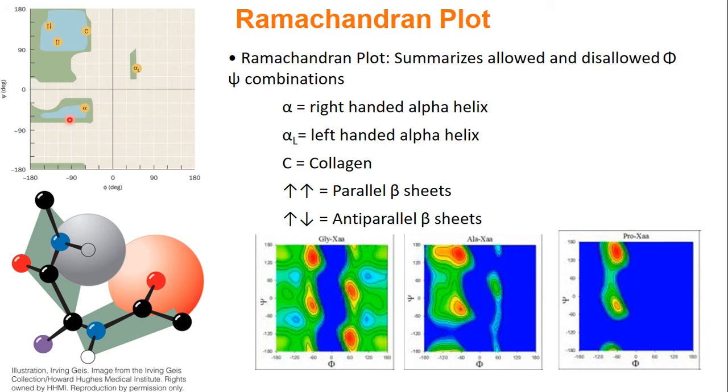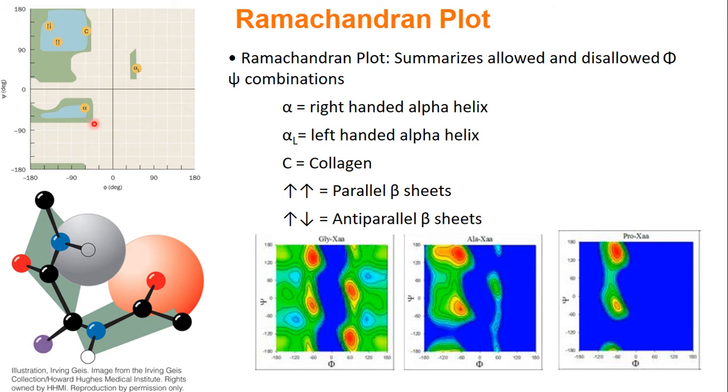Blue regions are generally very favorable. Green regions are tolerated. White regions are unfavorable or impossible. And when you make Ramachandran plots for a lot of proteins, you see some patterns happening. And the patterns tell you secondary structure.